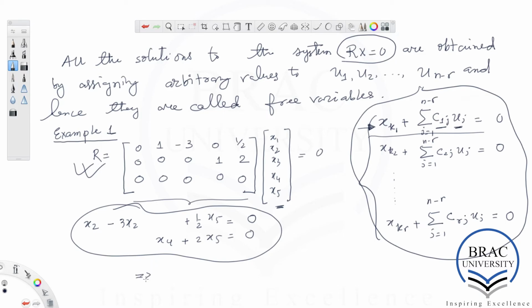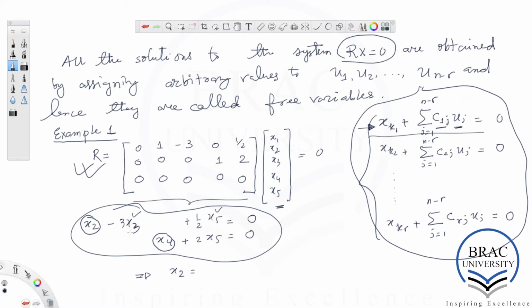Okay, and it can immediately be rewritten as x2. So this is a leading variable, and this is also a leading variable. So we are supposed to write the leading variables in terms of the free variables. So let us write x2 as a linear combination of these two free variables. Sorry, it was minus 3x3.